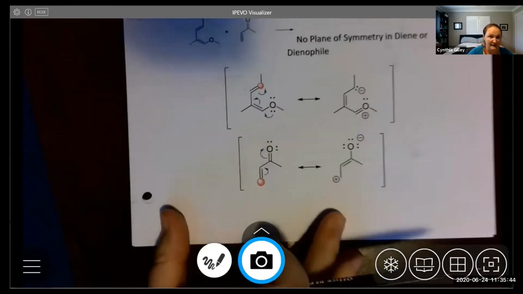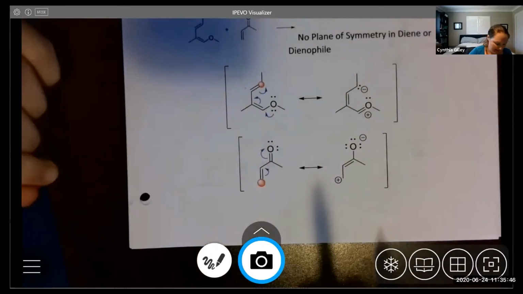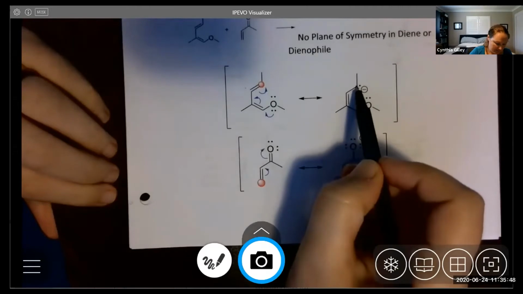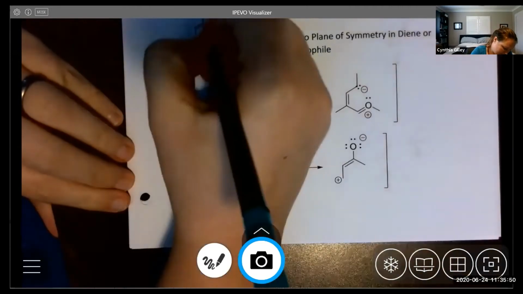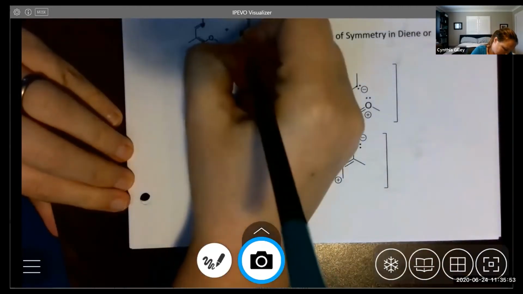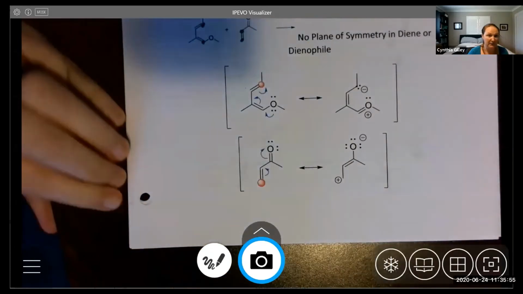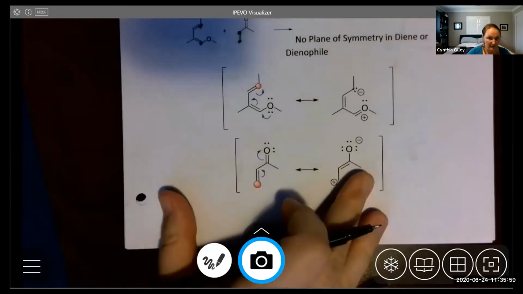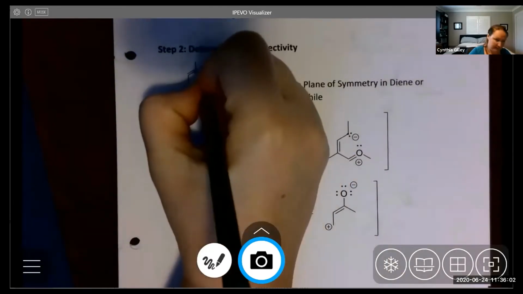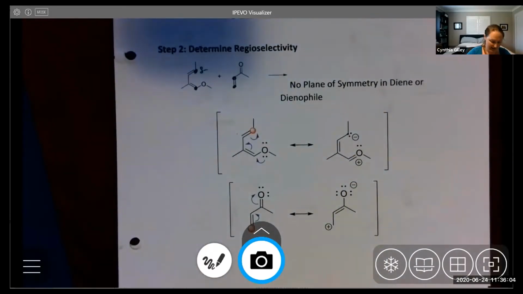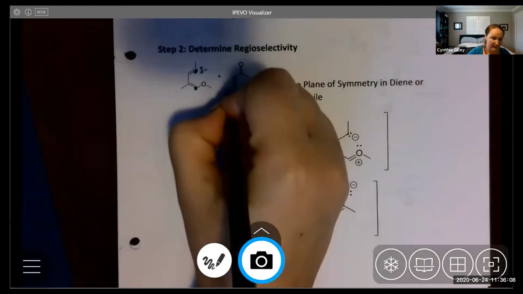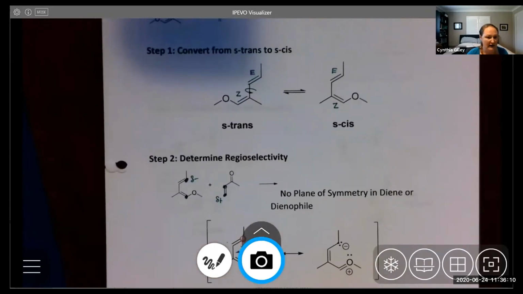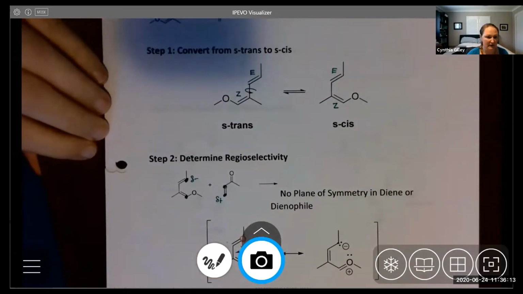Through resonance, I determined that this carbon, between these 2 that I care about, this top one has the delta negative. Go ahead and add that in here. And through resonance, we also figured out that this bottom carbon is delta positive. So as they're drawn right now, they are not aligned charges. So we have to flip it.